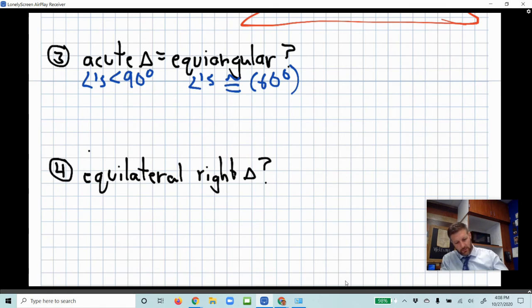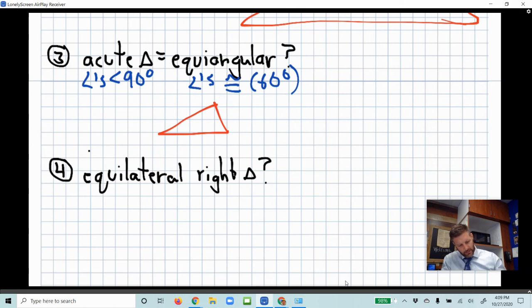No, this is wrong. You could draw a little acute triangle like this. Actually, let me make it even clearer that they're not all the same. All those angles are less than 90 degrees. And you could even make up an amount, so say this one is 20 degrees.